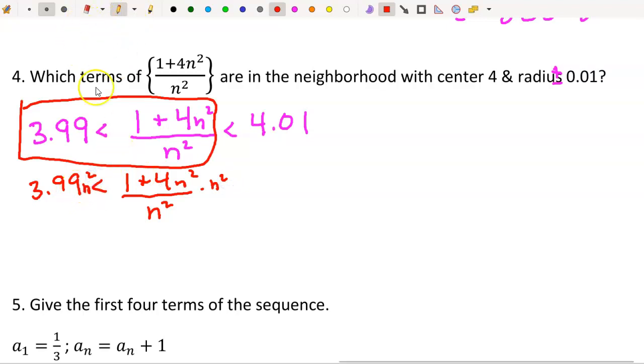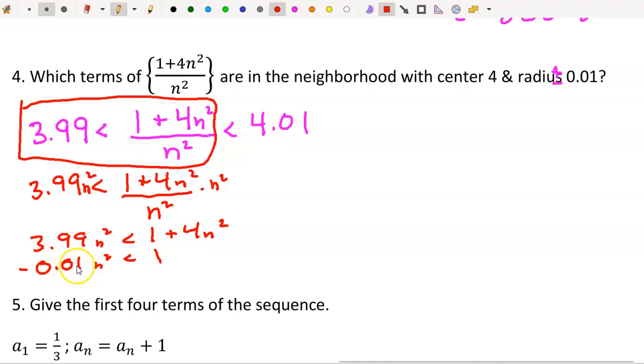So now I have 3.99 n squared is less than 1 plus 4n squared. And let's get these n squareds together. So subtract 4n squared on both sides, and this will come out to negative 0.01 n squared less than 1.